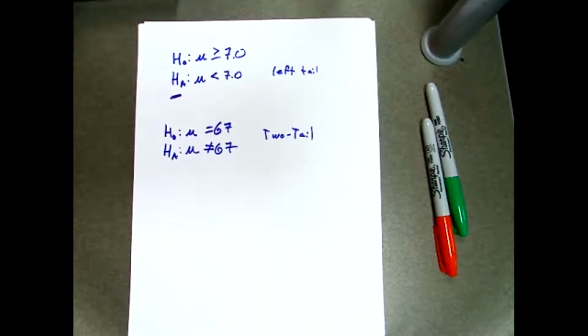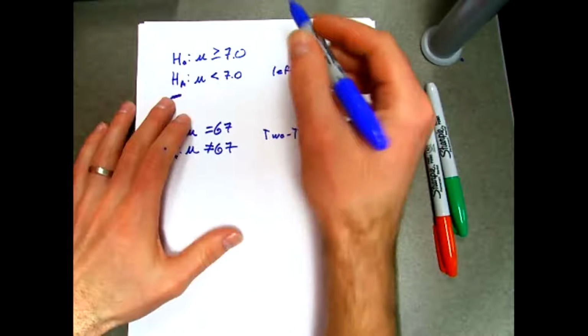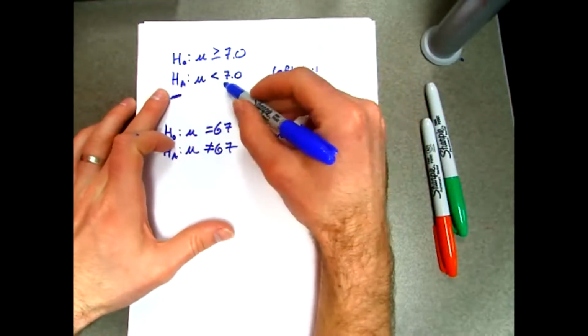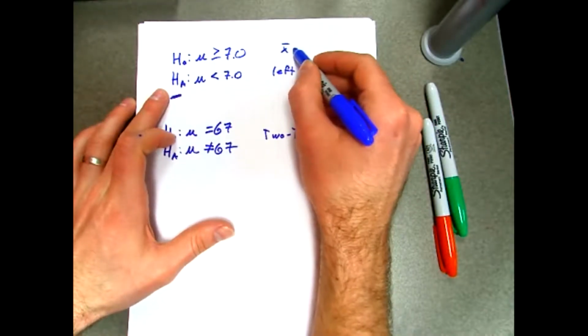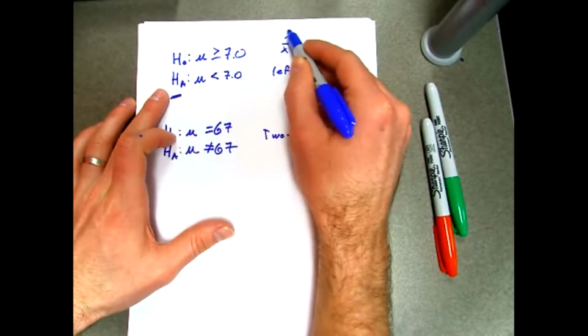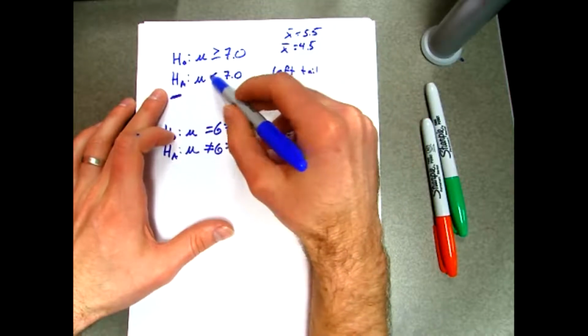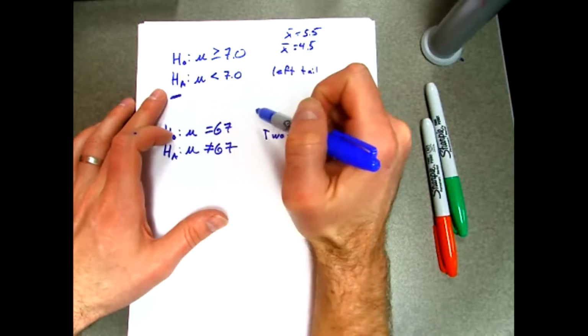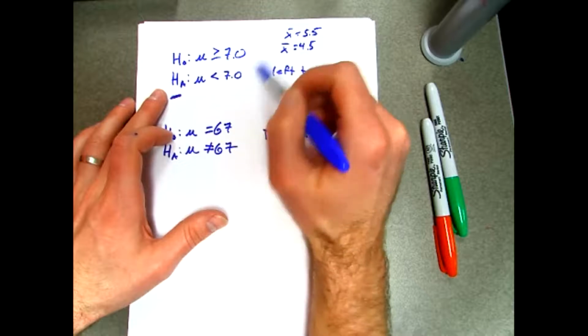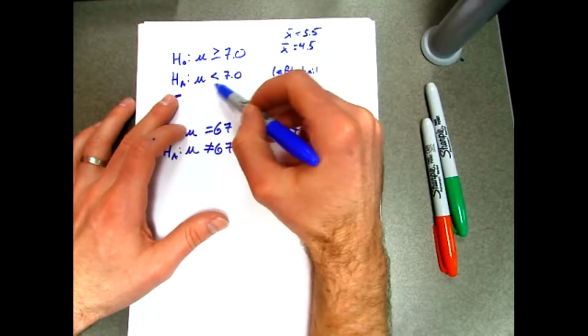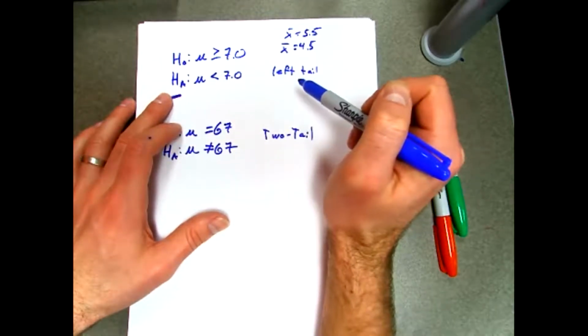Now, to give an idea about why we call them one- and two-sided tests: notice here, if I were to see sample means of, say, 4.5 or 5.5, only values on the left side of 7 would go against the null. Anything less than 7 supports the alternative and goes against the null.